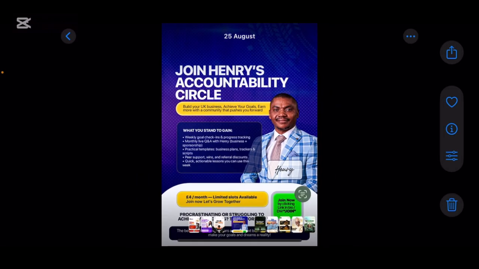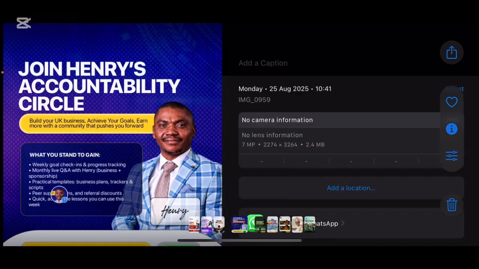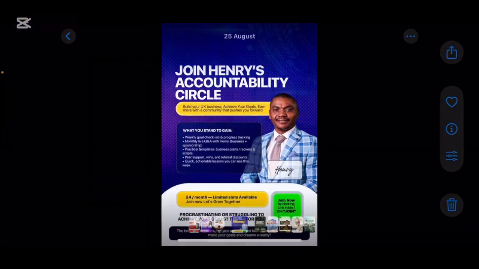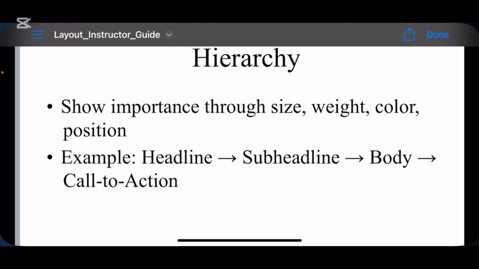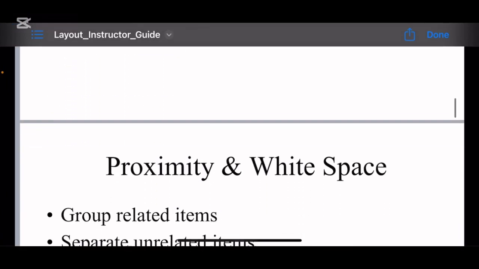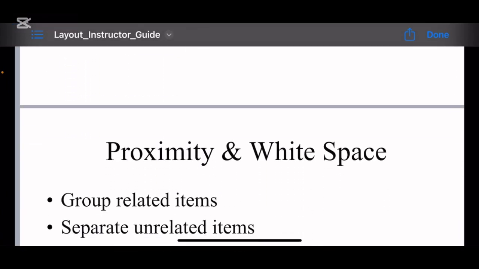So from this design, you can actually see the position of the hierarchy from the header to the subheader, then to the content, before you see the call to action. You understand? So that is actually a good example of hierarchy. I hope you are understanding this class and actually taking note of the things I'm making mention of.